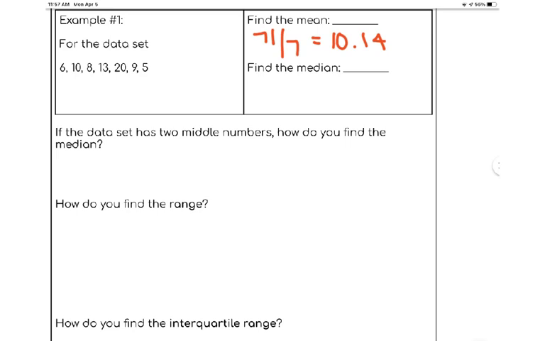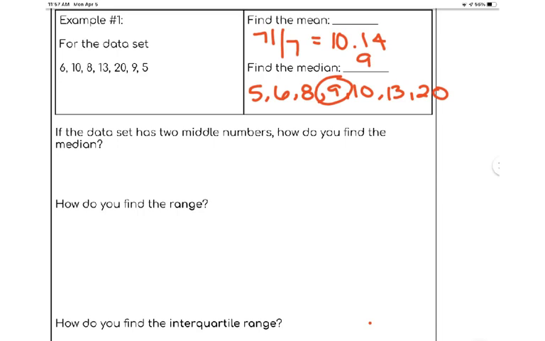In order to find the median, we need to put them in order from least to greatest. So we're going to start with 5, 6, 8, 9, 10, 13, and 20. With our median being 9, because it is the middle number. Now again, going back, if the data set has two middle numbers, how do you find the median? Meaning there's an even amount of numbers in the data set.